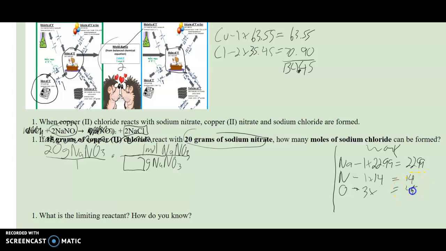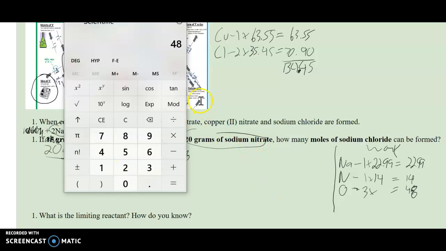Great, I'm going to add those 3 things up: 14 plus 48 plus 22.99 equals 84.99.